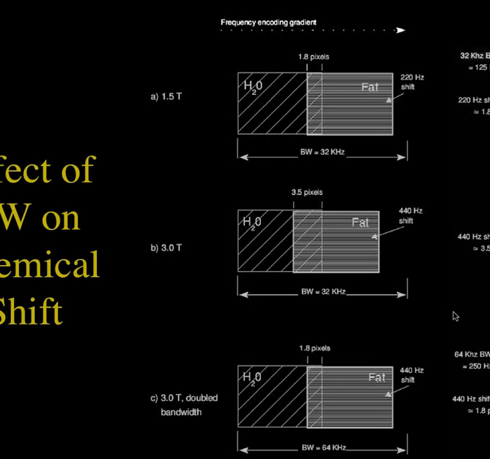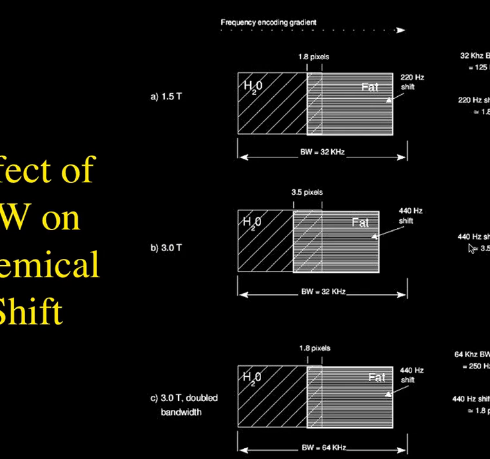And the numbers are actually the following. At 1.5T, the difference in frequency between water and fat is 220 hertz. And that's just fixed. That's based upon the kind of fat and the amount of shielding that the shielding electrons does in the human body. If you go to 3T, that increases to 440 hertz shift.